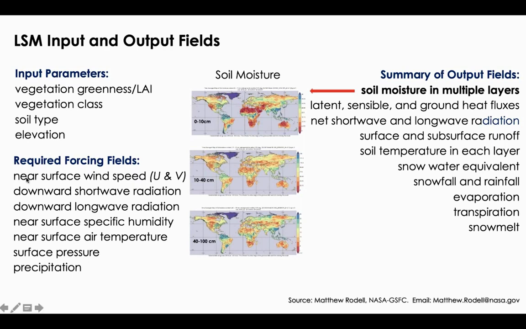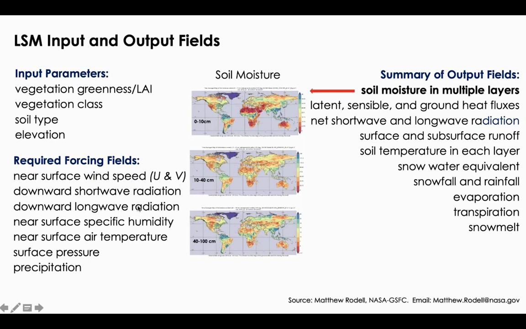And required forcing are basically weather parameters such as near surface wind speed and precipitation, surface pressure, humidity and temperature, and energy, which is downward shortwave or solar radiation, and longwave radiation, which comes from the atmosphere itself. So all these are required inputs.